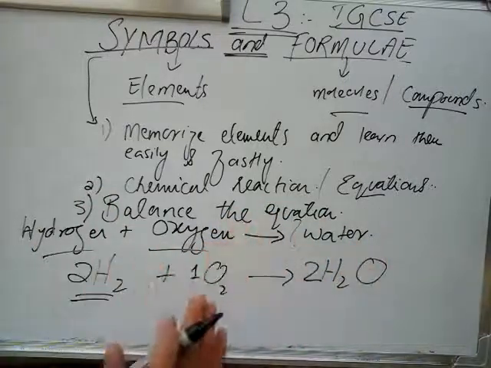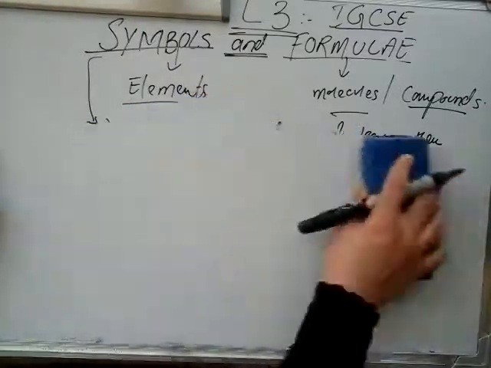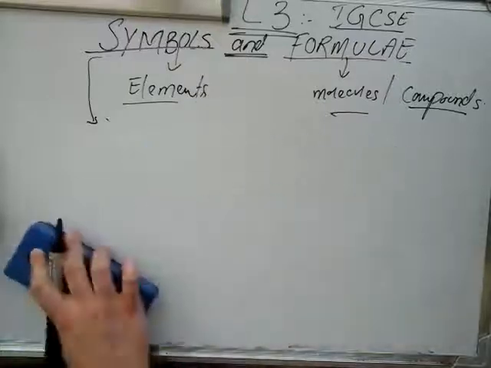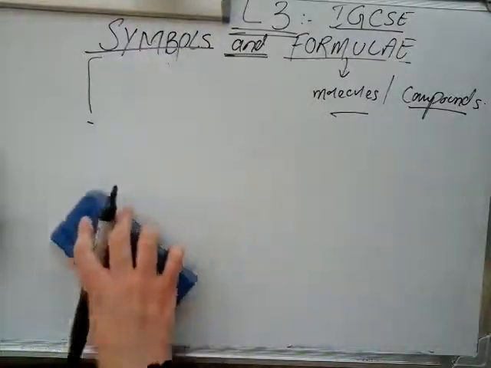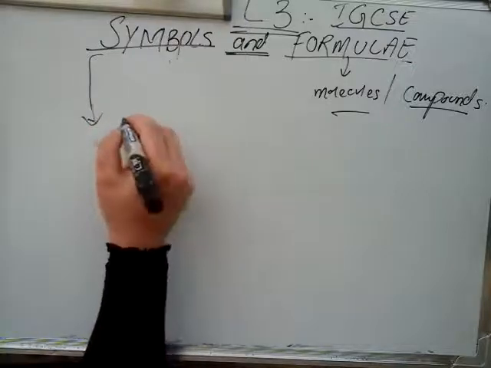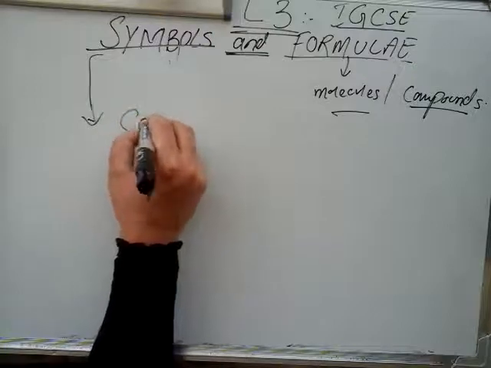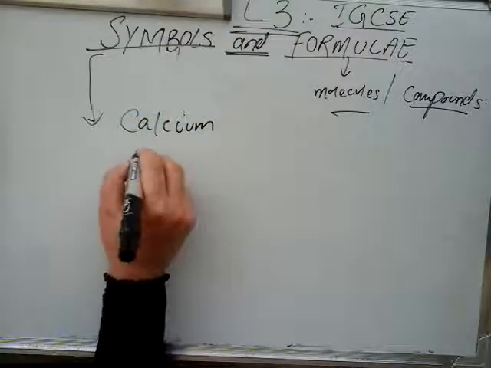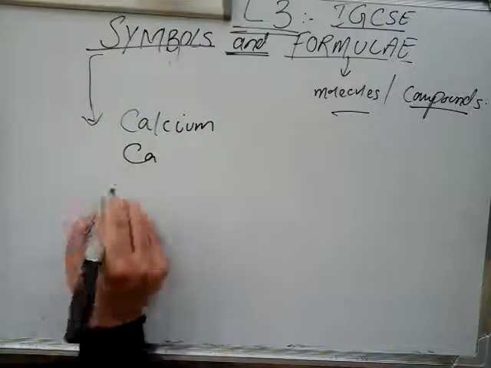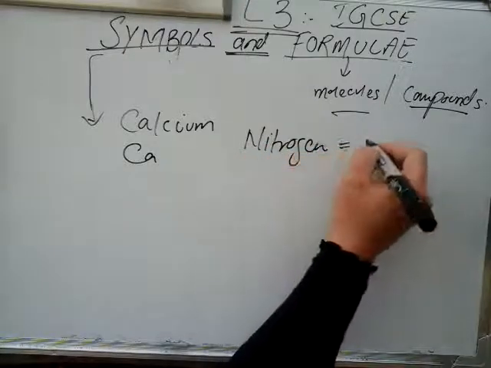After these, for symbols, many Latin words are being used most of the time, and capital letters are being used. For example, for calcium I use Ca. In the same way for nitrogen, N is used.